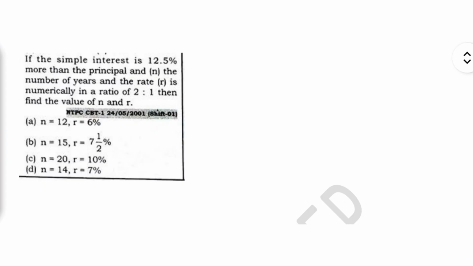We're given that the simple interest is 12.5% more than the principal, and n, which is the number of years, and the rate, which is given as r, are in the ratio 2:1. What do we know about this 12.5%?